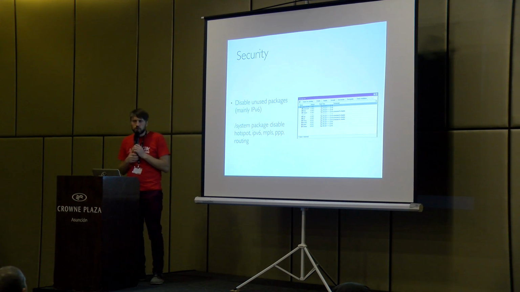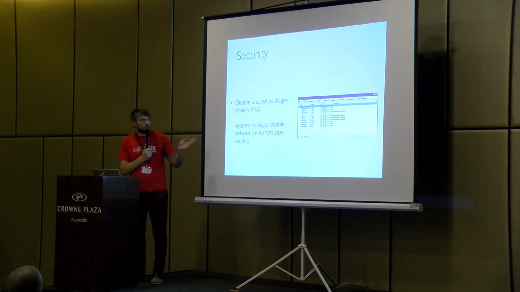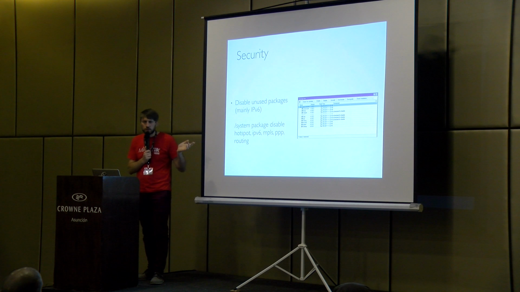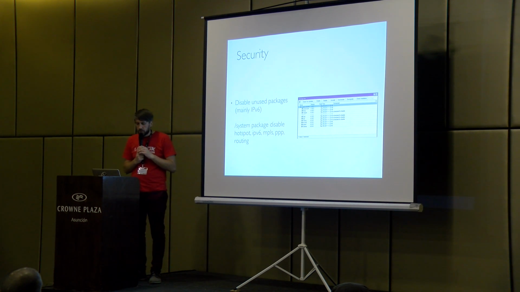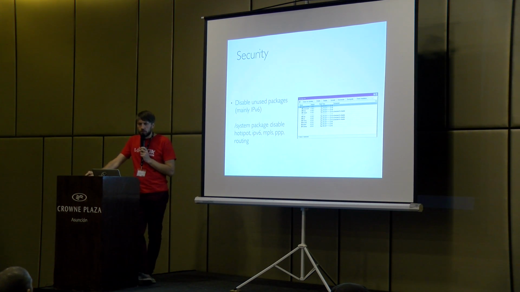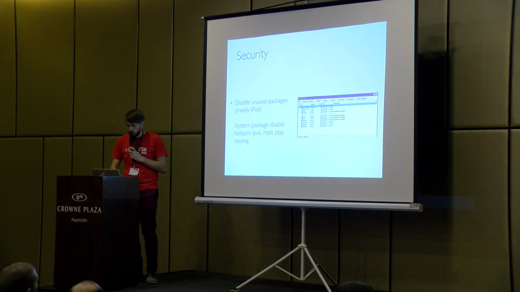RouterOS just needs system packages to run on, and you can evaluate which packages are required for you and leave only those that are needed. For example, here is the example for IPv6, but it's usually disabled. And by the way, from 6.40, IPv6 will be enabled by default, and we will have an IPv6 firewall. So you will be able to consider whether it's required for you or not on the firewall.